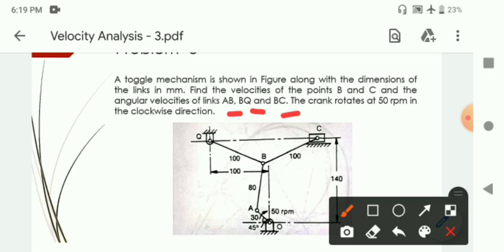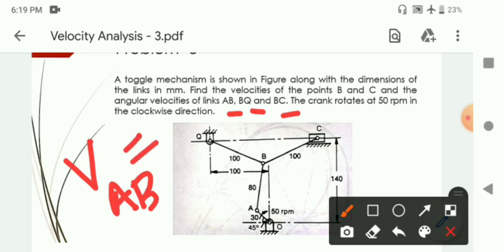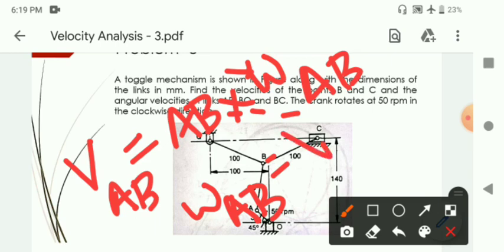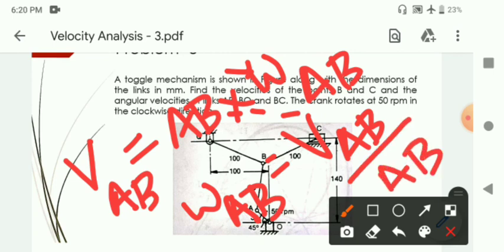So in that case, the linear velocity of A relative to B or B relative to A can be written as R into omega, where R is the length of link AB and omega is the angular velocity of link AB. So the angular velocity of link AB is obtained as velocity of A relative to B divided by the length of the link AB.